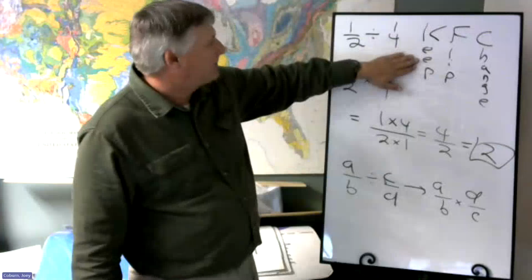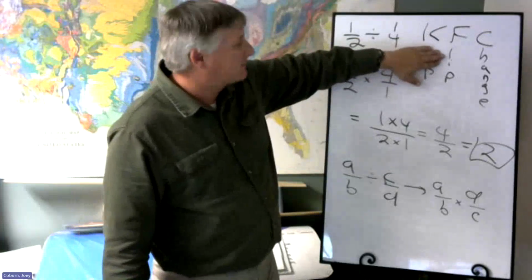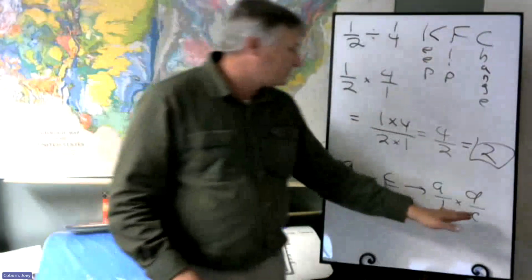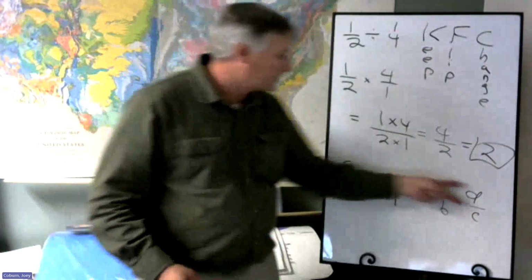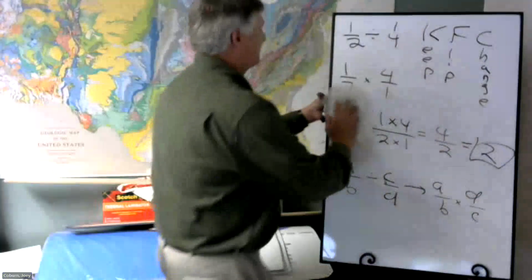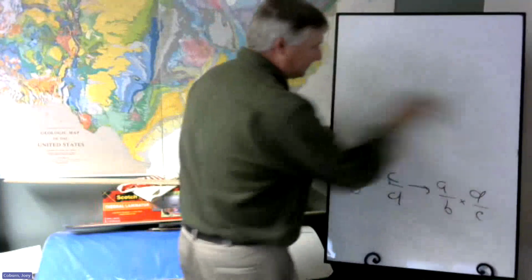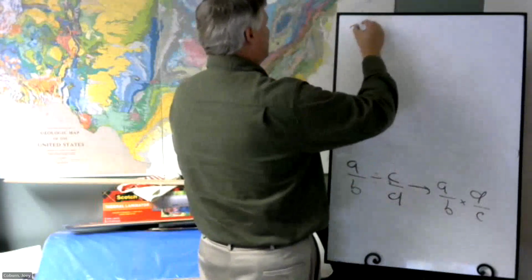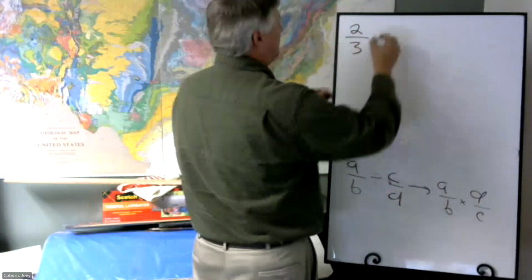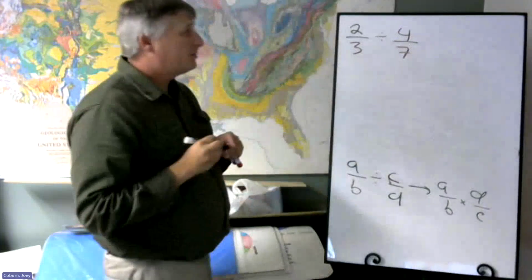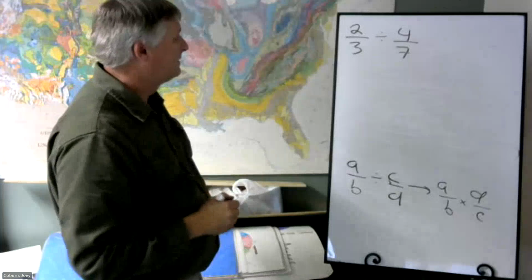Keep the first fraction, flip the second fraction, change division to multiplication. And then we just do the direct multiplication to get our answer. And again, we could have some extra work. So suppose we have something like this.